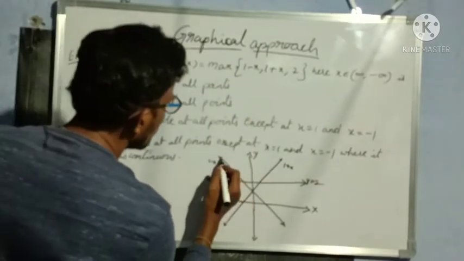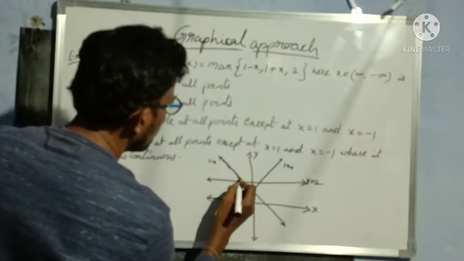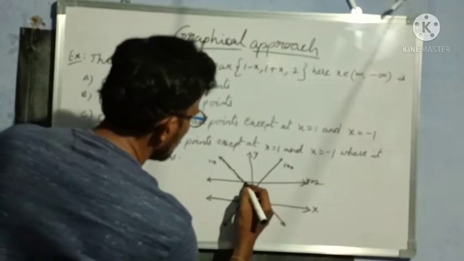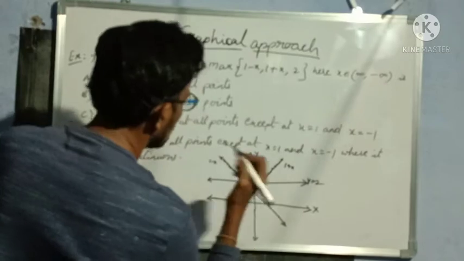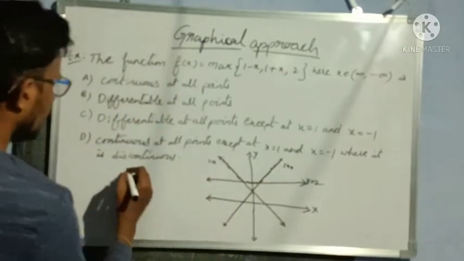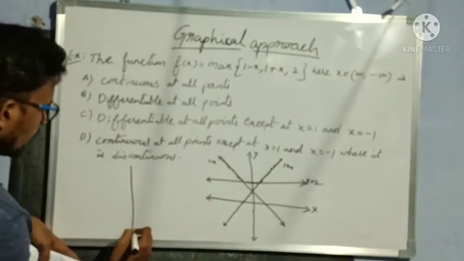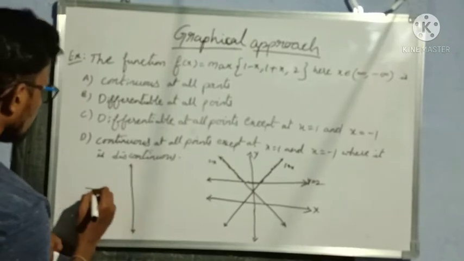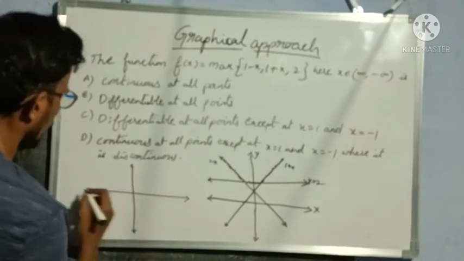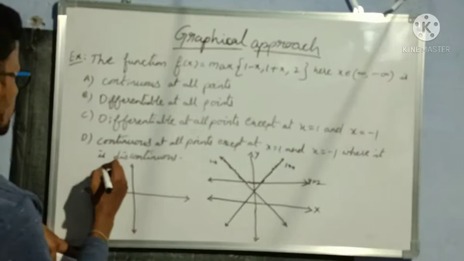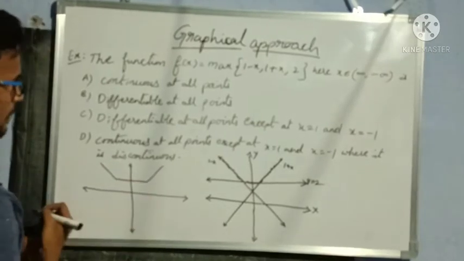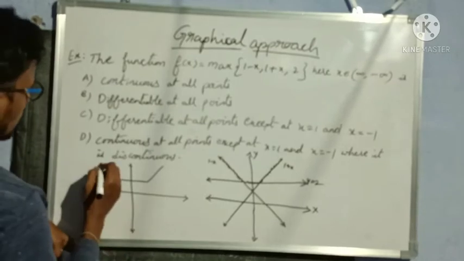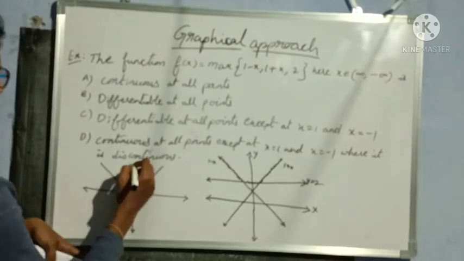Maximum value means, see here, only upper part you have to take. So this part plus this part and this part, means our graph will change like this. I will show once again. So like this it will be, and like this and like this. Understood? So this is our graph now.